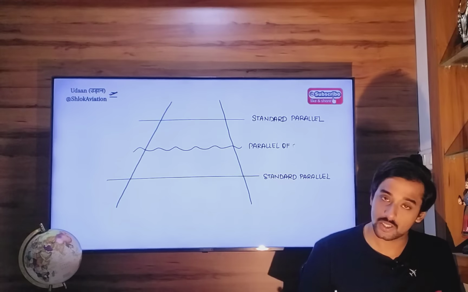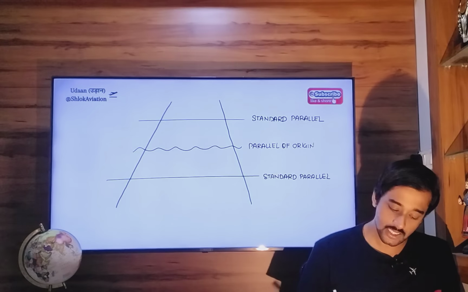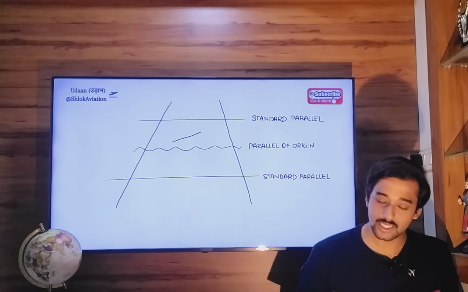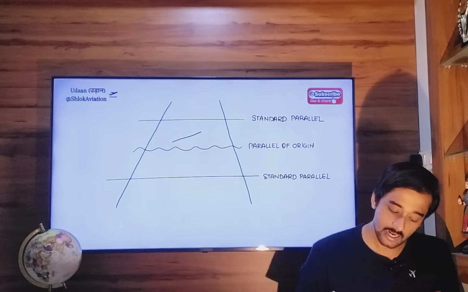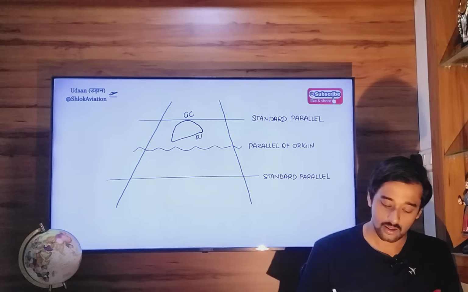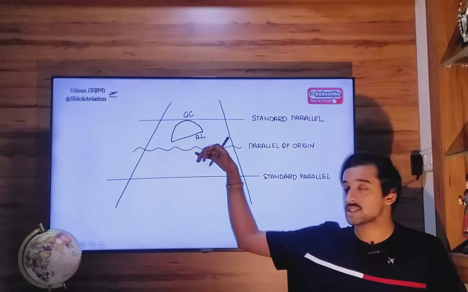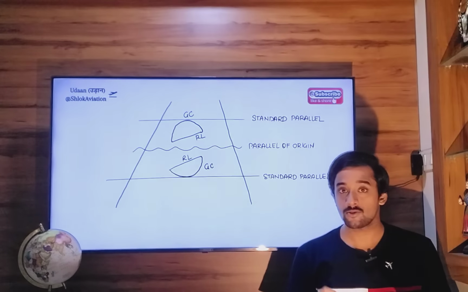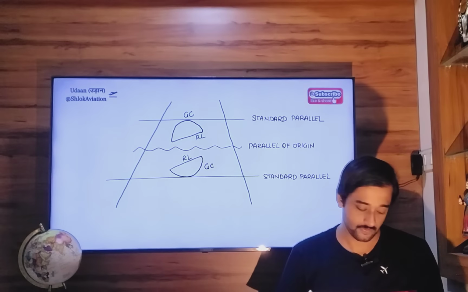Parallel of origin. Okay. So if you draw a great circle which is to the north of this parallel of origin, it will bend away from it. If you draw a great circle on a track to the south of parallel of origin, the great circle will again bend away from it. Okay, so it's concave to the parallel of origin.